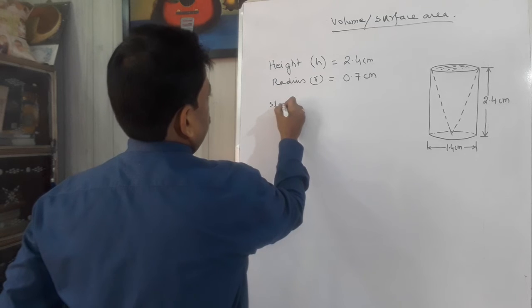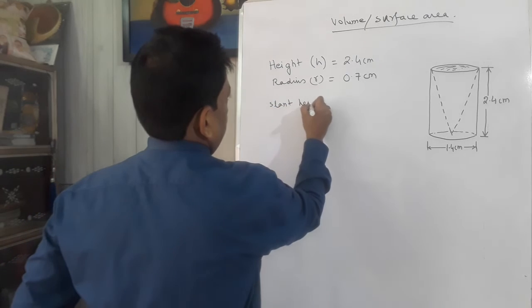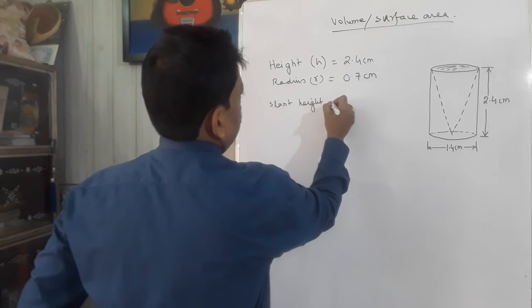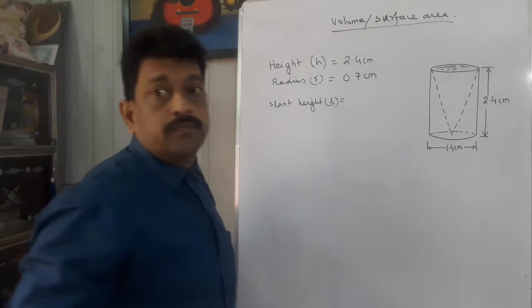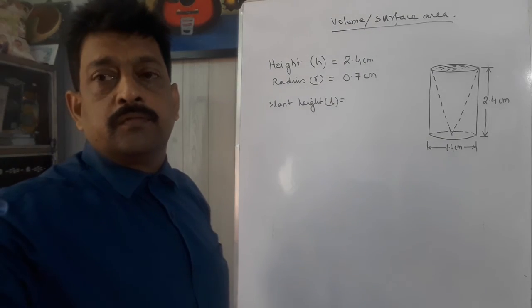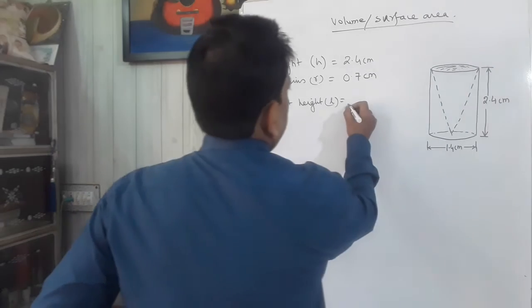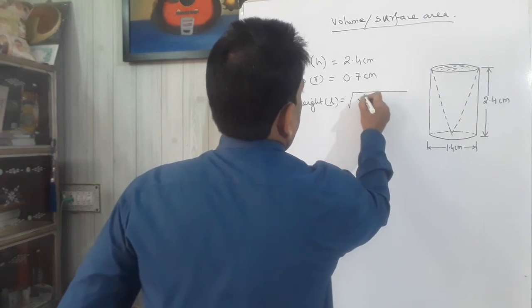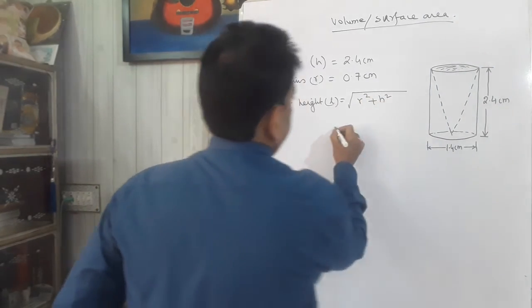So slant height L equals root over r square plus h square.